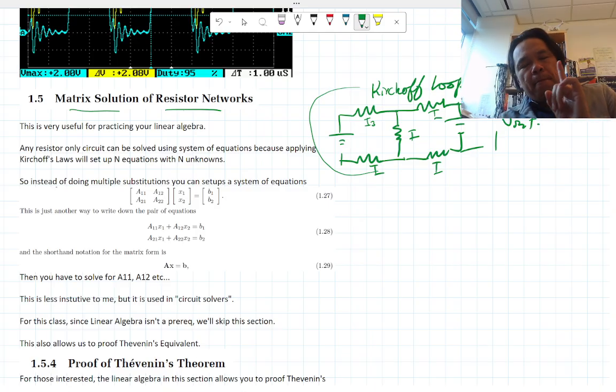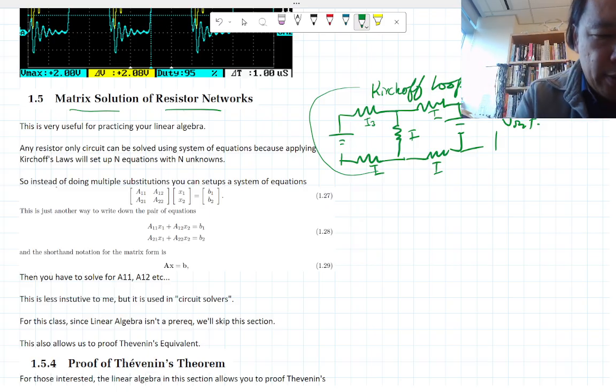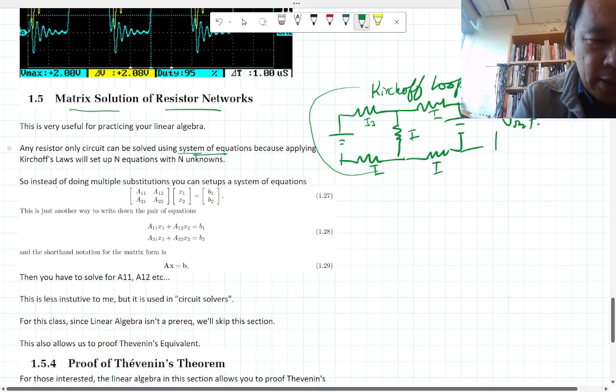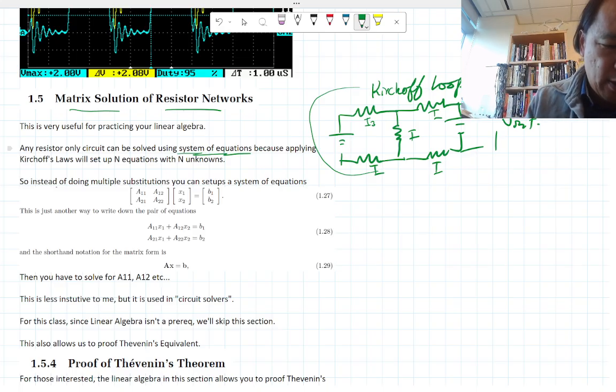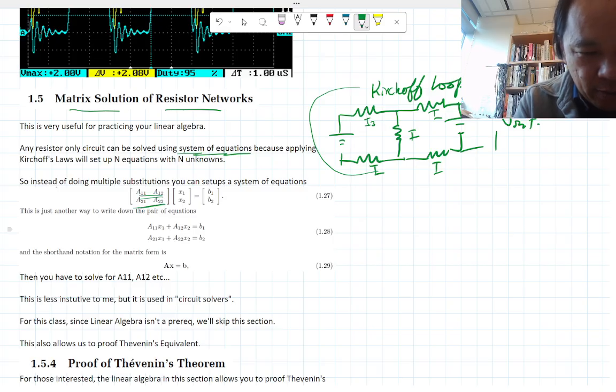What that allows you to do is set up a system of equations that you can solve with just matrix algebra. This matrix algebra is not simple, especially by hand. This is an example with just two equations and two unknowns, so this may be a circuit with just two loops in it.